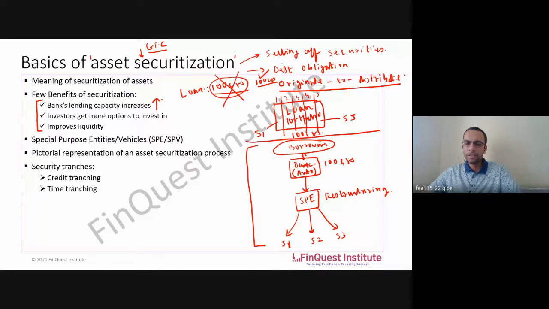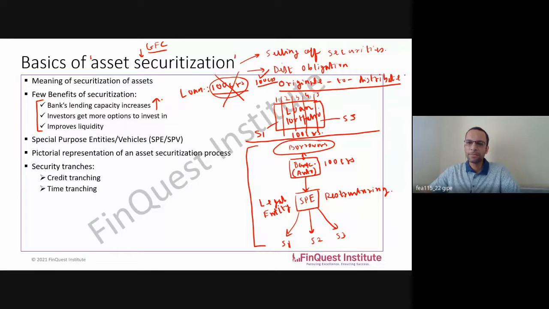So I move these loans onto a special purpose entity. This is a separate legal entity. You can imagine it's a separate company in itself to which I move this loan portfolio. Then SPE can hire financial specialists or financial engineers who can do restructuring for this particular loan.